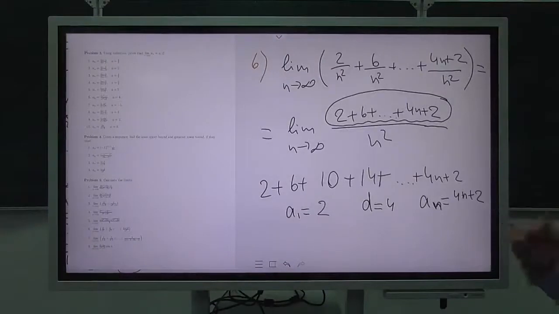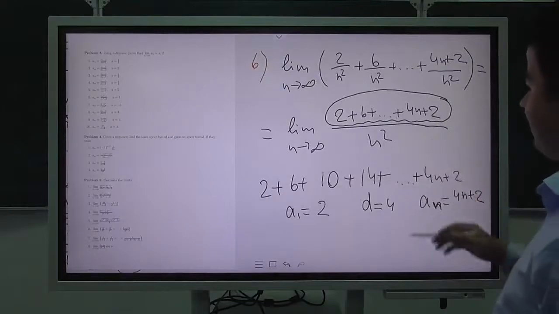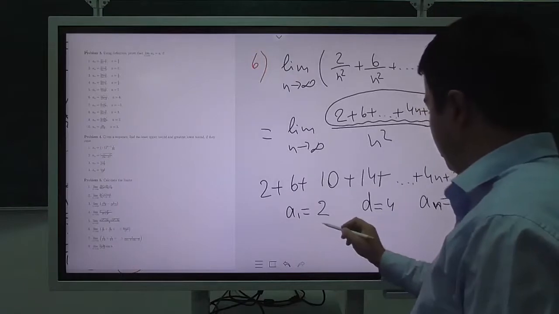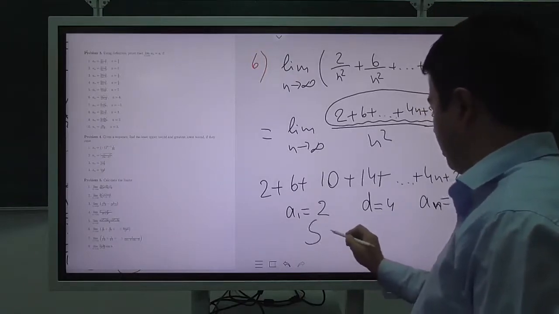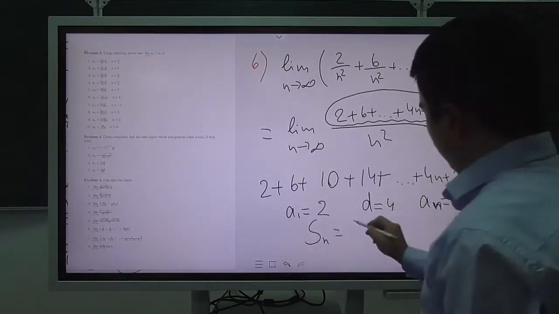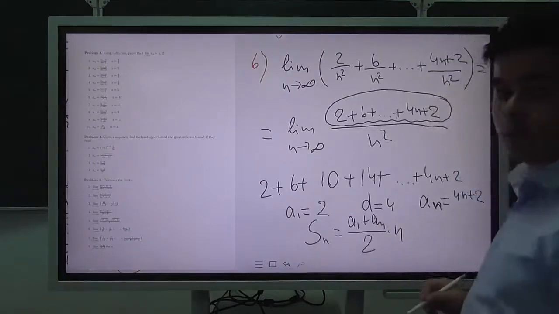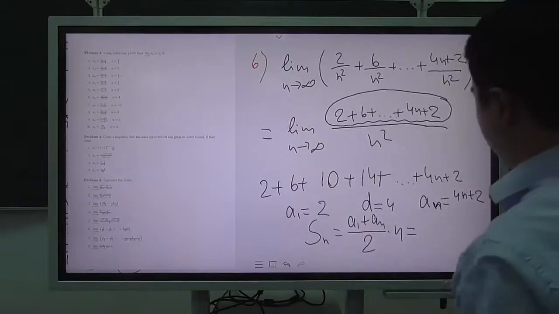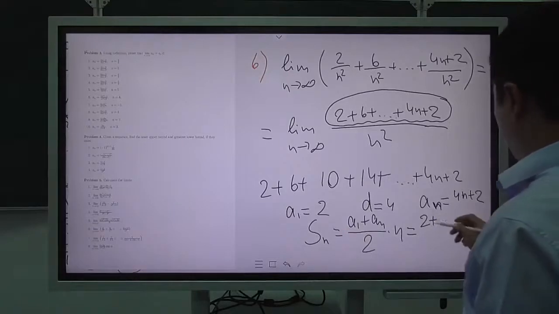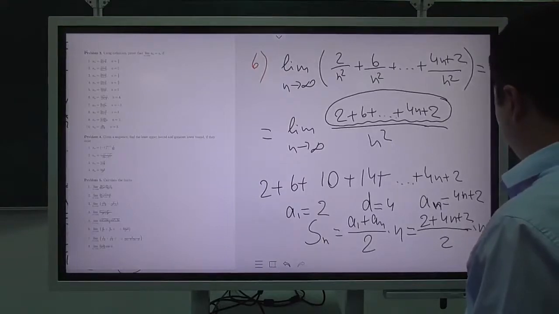How many terms do we have here? We have n terms. So now find the sum of this sequence, this arithmetic progression. Let's denote it by Sn. It is (a1 plus an) over 2 times n. By this formula we should find it. Here a1 is 2, plus the last one, 4n plus 2, over 2 times n.